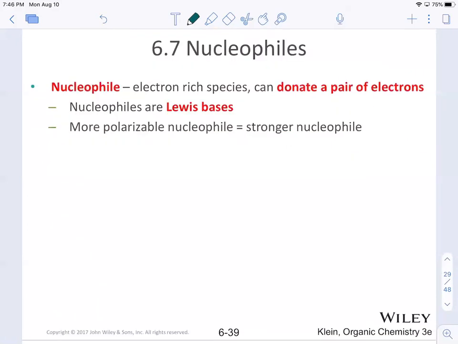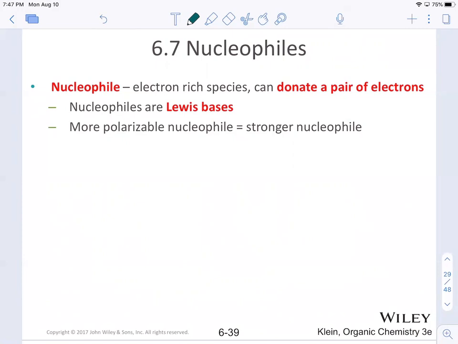So in a reaction, we have to be able to start to label electron-rich species and electron-deficient species. A nucleophile, nucleus loving from the Greek. Nucleophile means that it is an electron-rich species that is looking for a nucleus to pair with and to love and cherish.